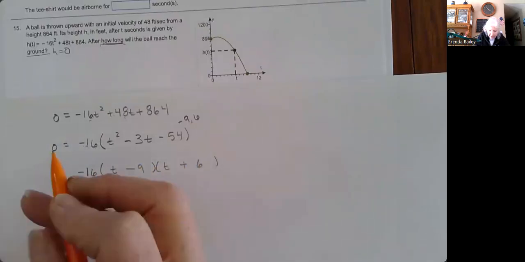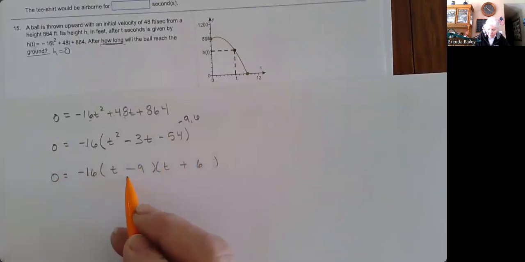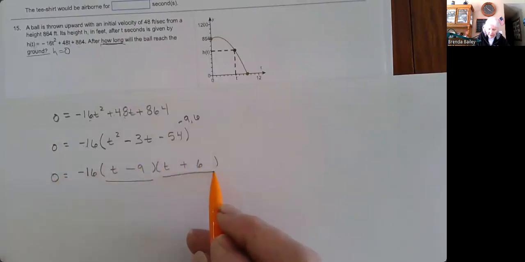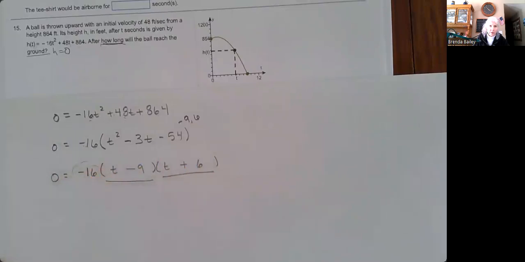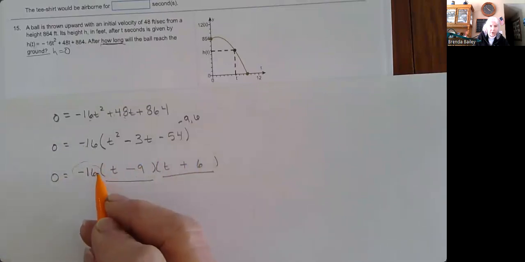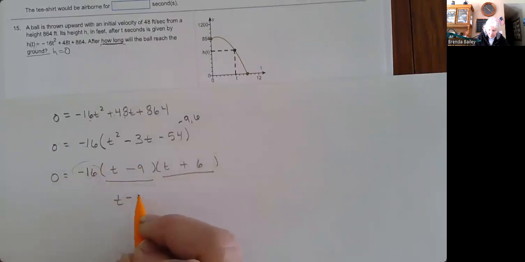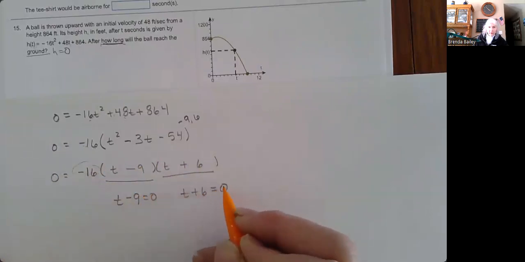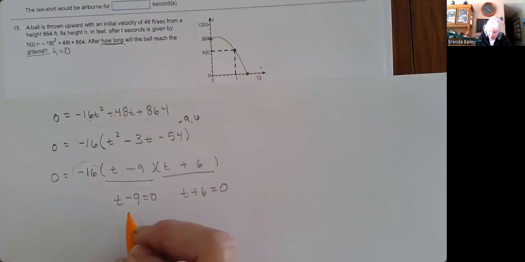In order for the product to be 0, one of these has to be 0, because this has no variable, so it is not part of the solution. Only if there's a variable would you have t equals 0. So then you add 9: t equals 9, 9 seconds.